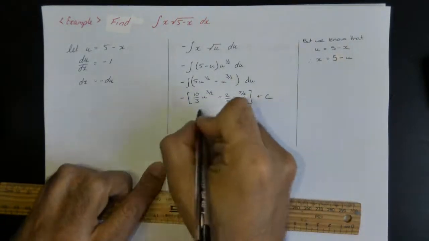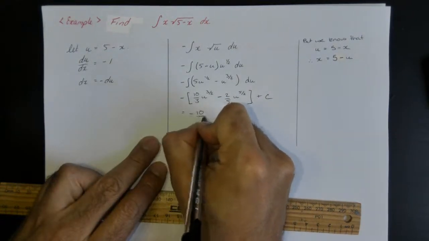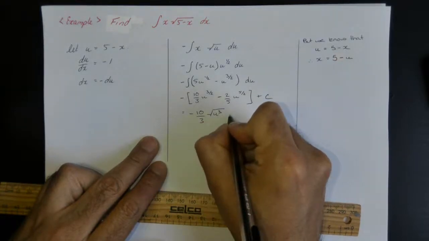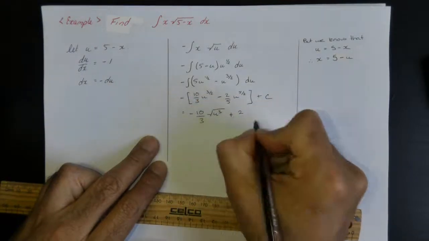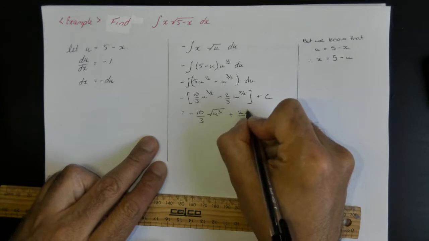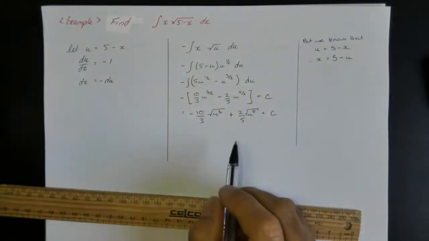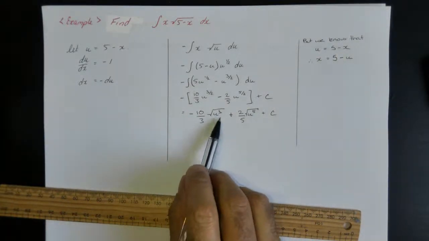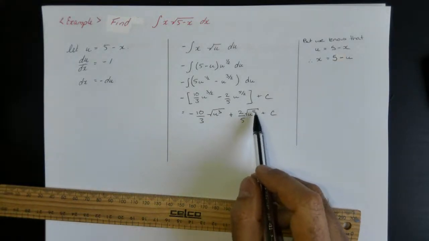Okay, clean this all out. Oh, that becomes a plus. So I get negative 10 on 3 u to the power of 3 on 2 plus 2 on 5 square root u to the power of 5 plus c.